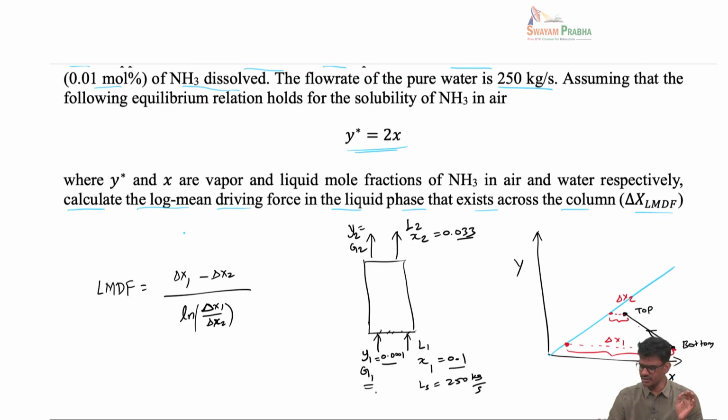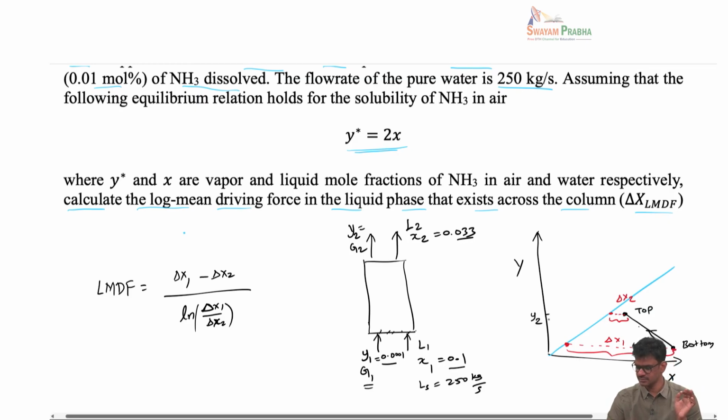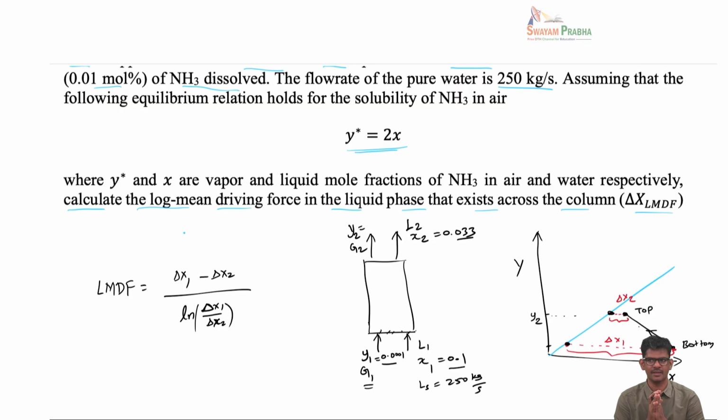The only unknown was Y2, so that is somewhere here. Once you know Y2, you can calculate X2 star, the equilibrium liquid phase composition. So then you know delta X2. Since Y1 is already known, you know X1 star, and you know delta X1. From here you just have to use it.